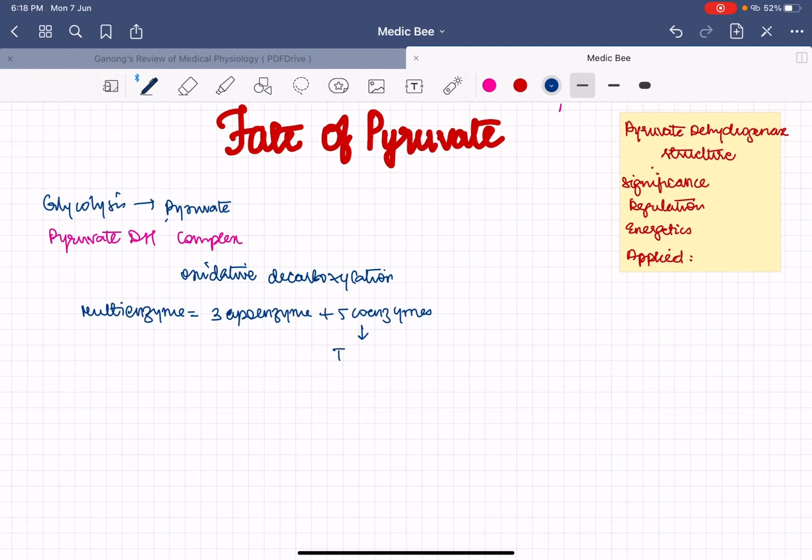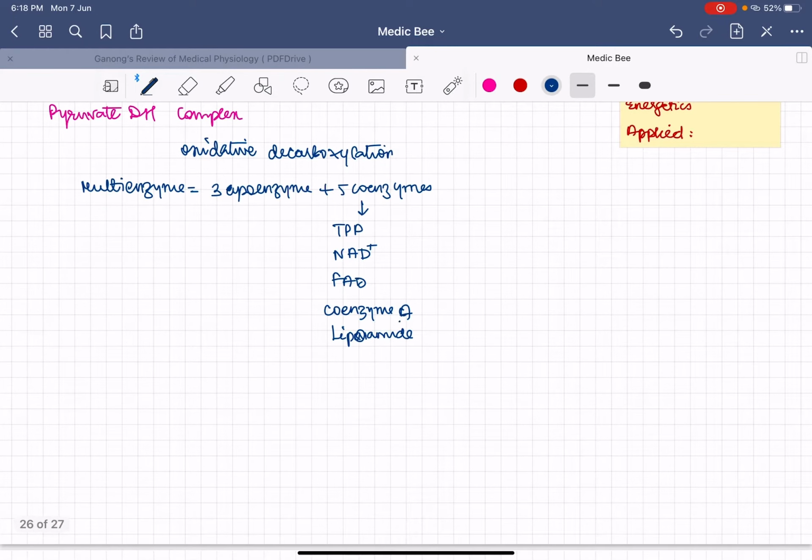Example: thiamine pyrophosphate, NAD plus, FAD, coenzyme A, and lipoamide. TPP is vitamin B1, NAD is vitamin B3, FAD is vitamin B2, and coenzyme A is vitamin B5. The 3 apoenzymes we will see step by step.